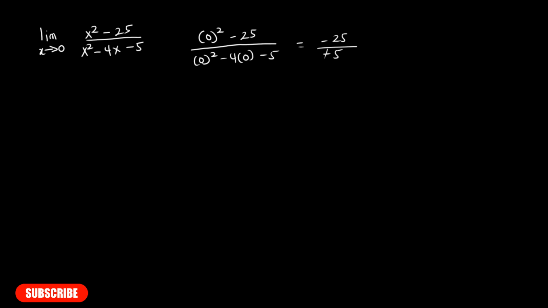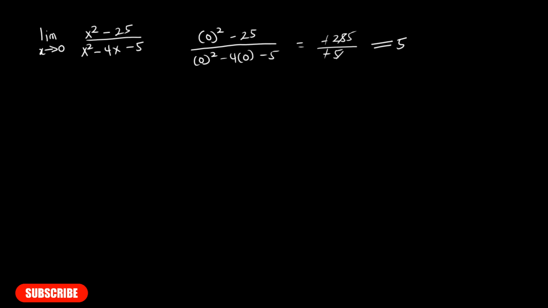The negative will cancel out this, and 5 goes into 25 5 times. So this is equal to 5. Therefore the limit of this function is 5. For this case, we are able to evaluate the limit of the function by direct substitution.